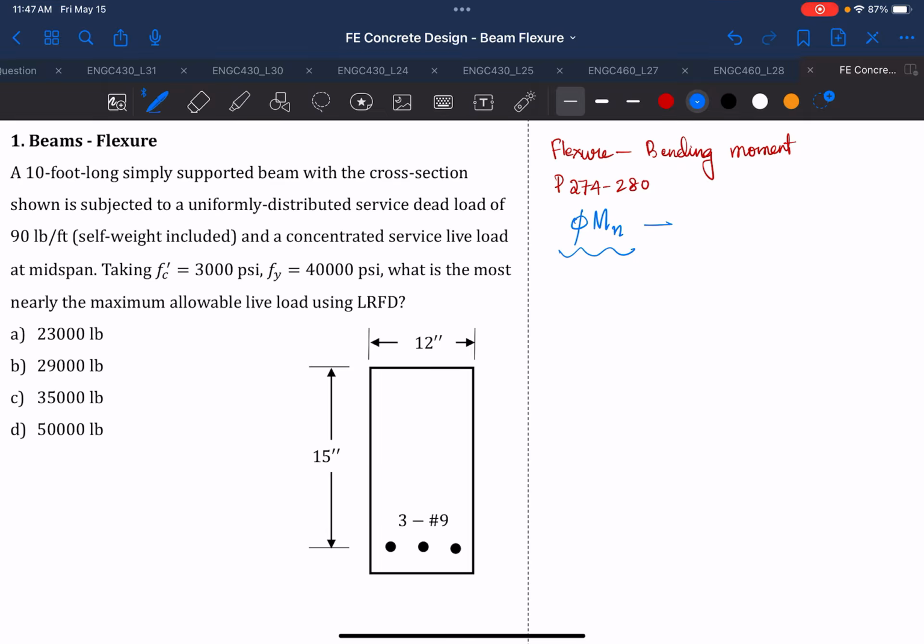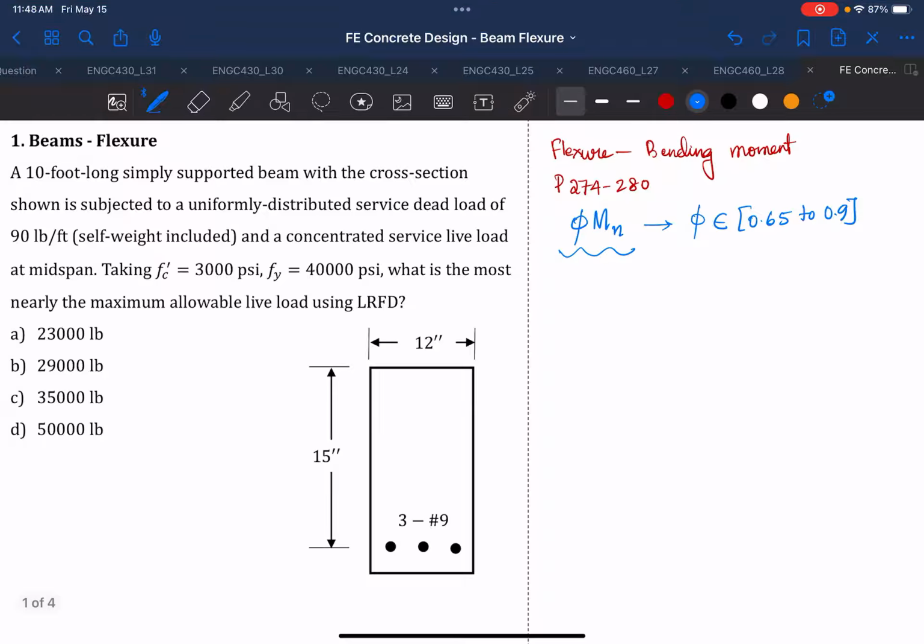This has phi in it, which you get based on whether it is tension control, compression control, or transition control, and it lies in a range between 0.65 and 0.9. If it is tension control, it is 0.9. If it is compression control, it is 0.65. And in between, you'll get a value in between. So that is one thing that you need to know.